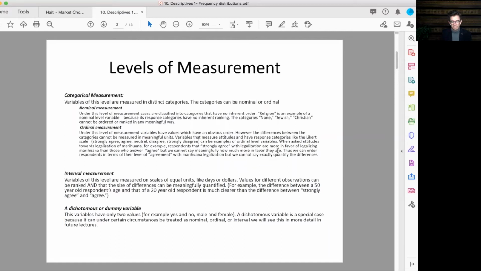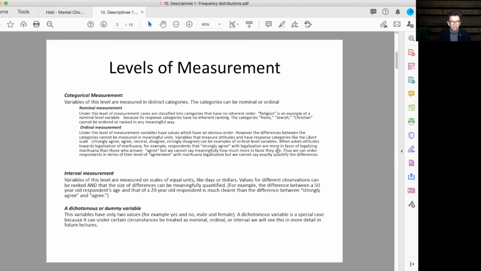Categorical measurement, as the name implies, are when the values for these variables fall into distinct categories, right? Now, variables that are categorical in measurement, they can be either nominal or ordinal, depending on those categories. Nominal measurement is a type of categorical measurement. And under this type of measurement, the variables have these categories that cannot be ordered in any meaningful way.